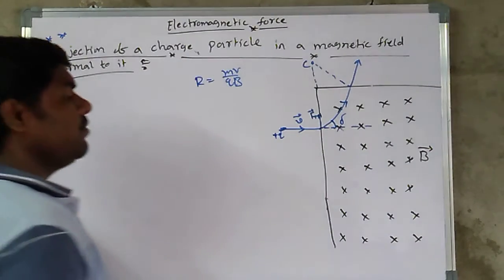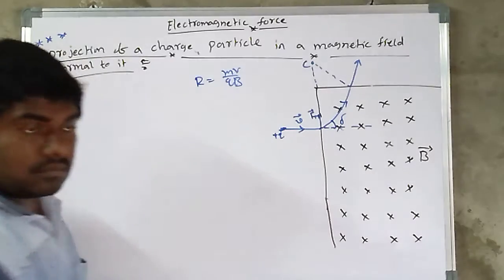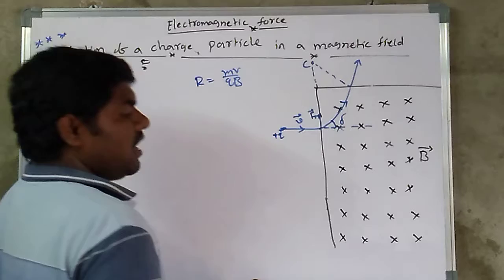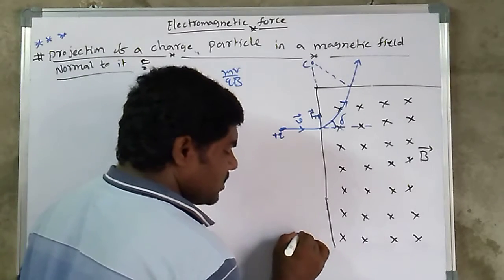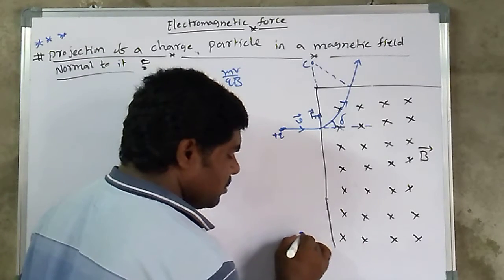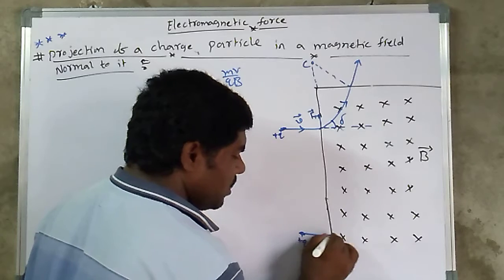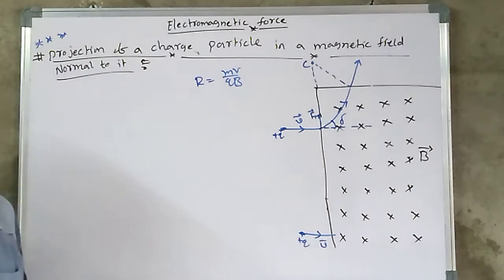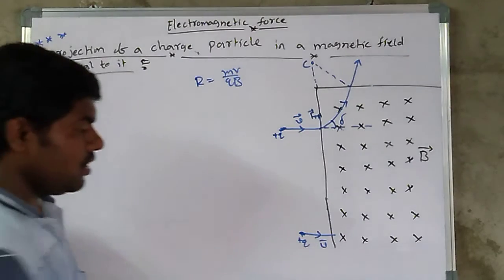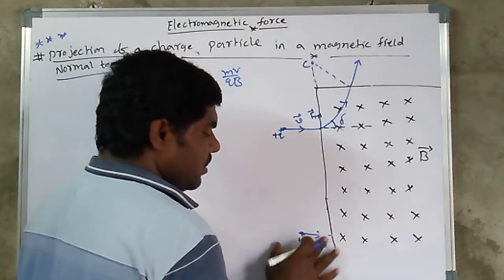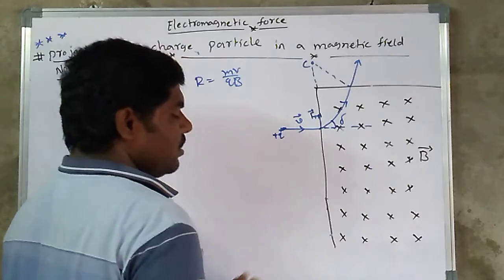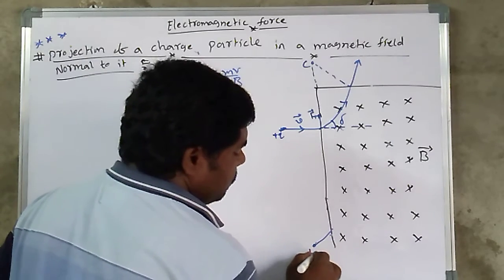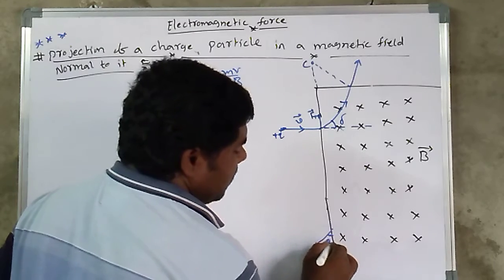This is delta. So, one more example. Here, consider the case of a bigger radius versus a smaller radius. Let us consider this is a positive charge entering the magnetic field with a velocity v, in another direction, making angle theta.